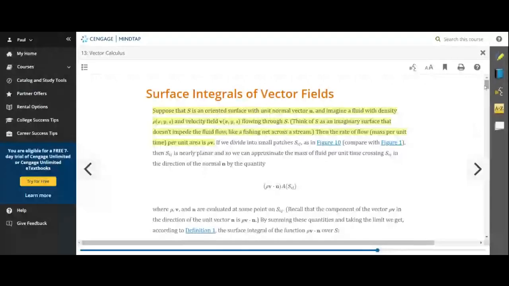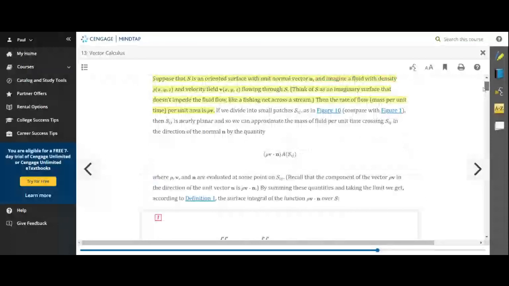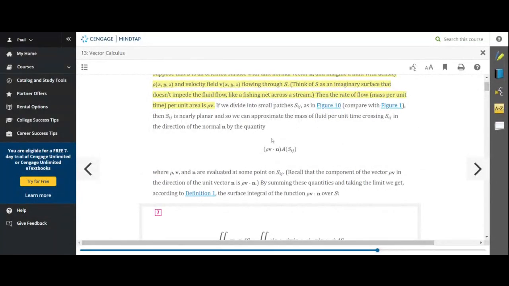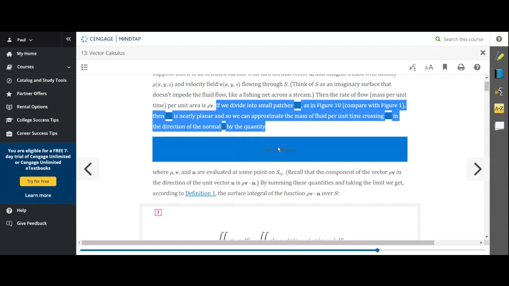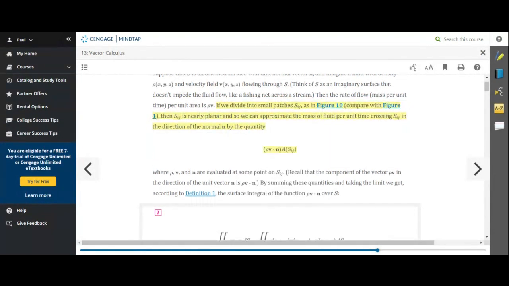And what they're doing here is they're going to say, if we divide this surface S into small patches, we can approximate the mass of fluid per unit time crossing the patch in the direction of the normal vector.